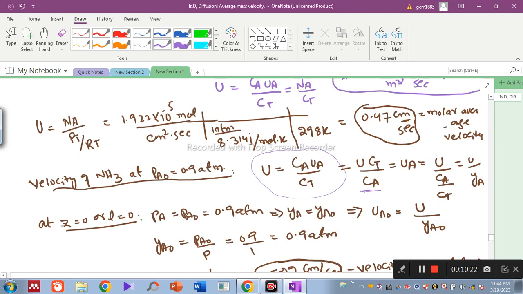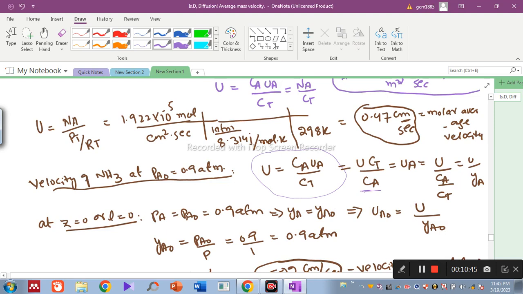At Z equal to 0, where the concentration of ammonia is very high, Pa is equal to Pa0, and the Pa0 value is 0.9, which is given to us. So Ya will be equal to Ya0 at the Z equal to 0 position, and U is the value obtained, which is 0.47.